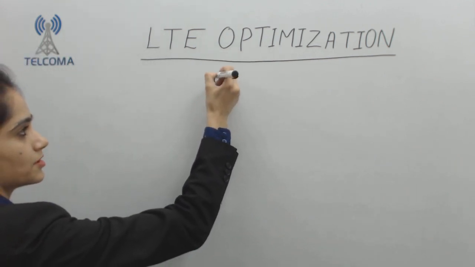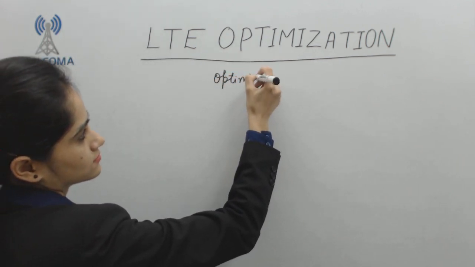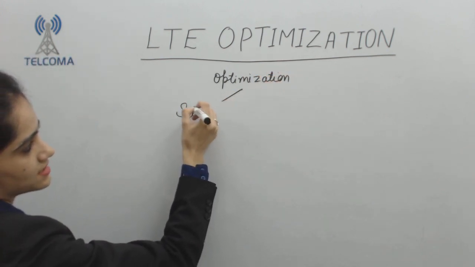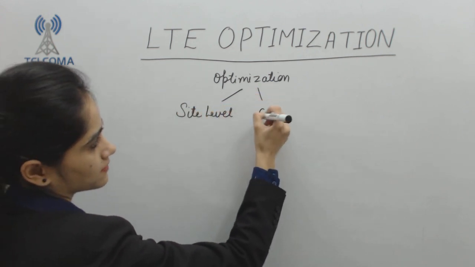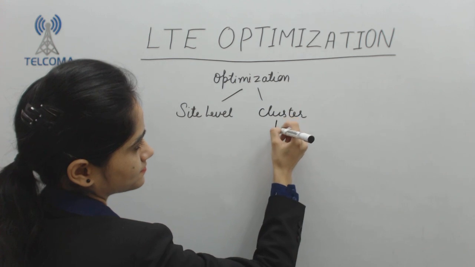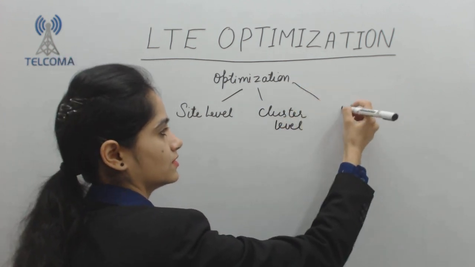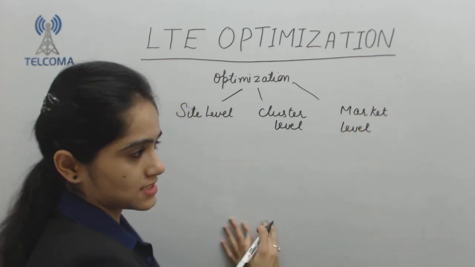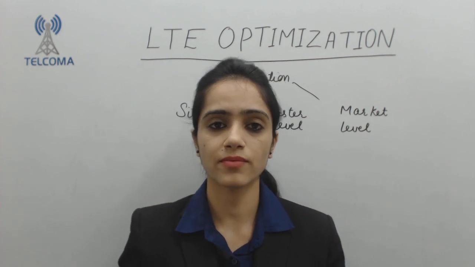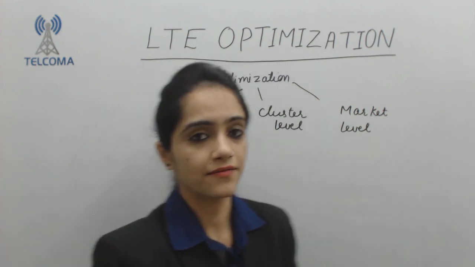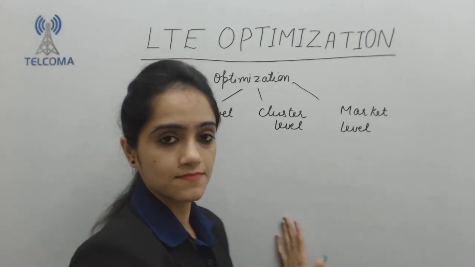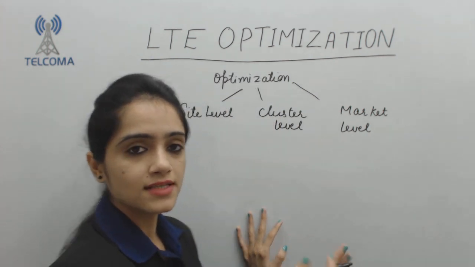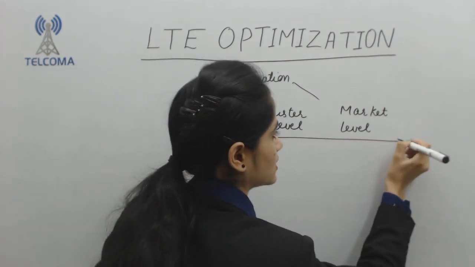So we have site level, cluster level and market level optimization. That means for the optimization process and to find out the key performance indicator of each and everything, we have divided the optimization process into 3 levels: site level, cluster level and market level. And the size of the cell goes on increasing.